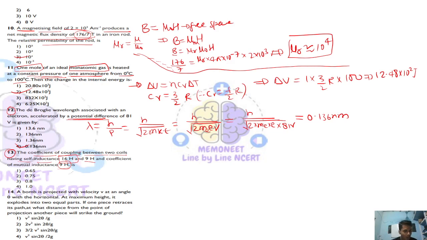Let's solve it out. This is a question of electromagnetic induction. We need to understand the formula and apply it here. We are given the self-inductance and asked to calculate the coefficient of mutual inductance in terms of self-inductance.